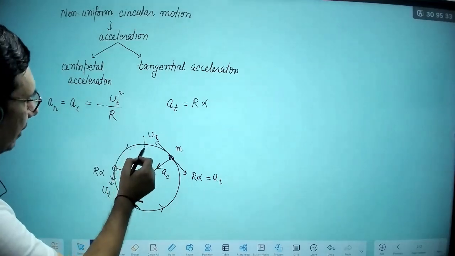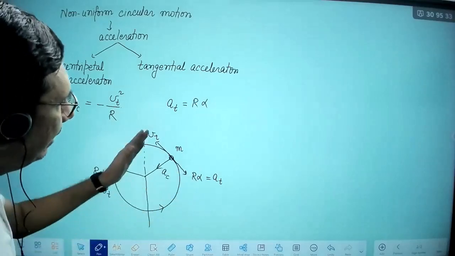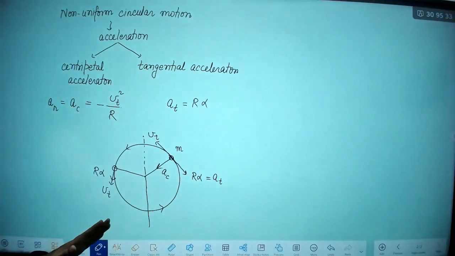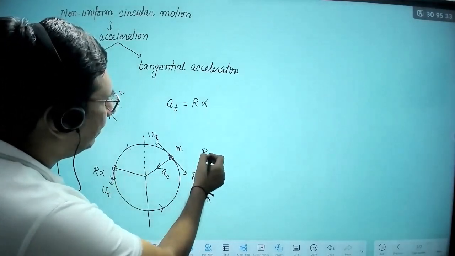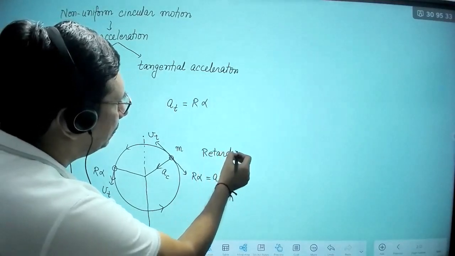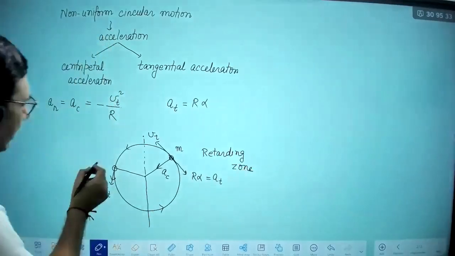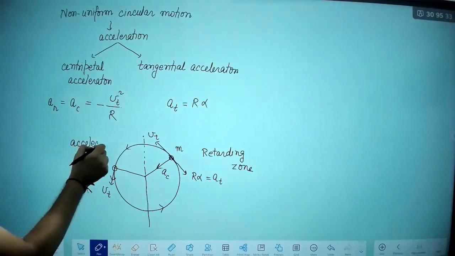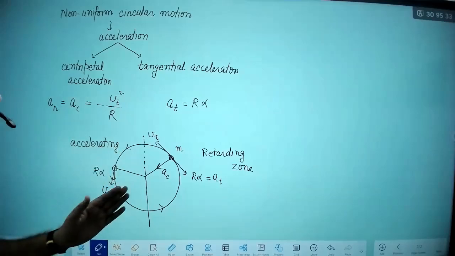For the other half cycle, velocity and acceleration are in opposite directions. So this is a retarding zone, as I discussed in the last class. And this side is the accelerating zone. In the accelerating zone, Vt and R alpha are in the same direction.